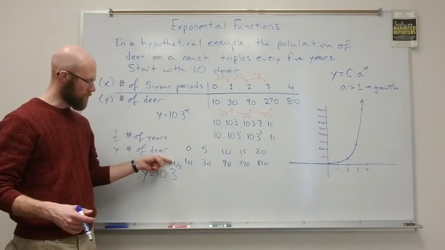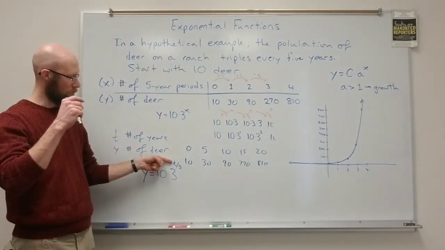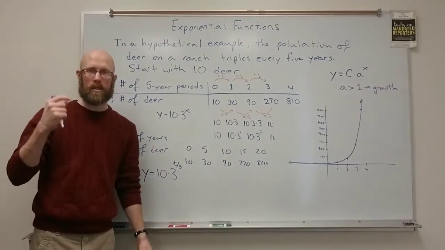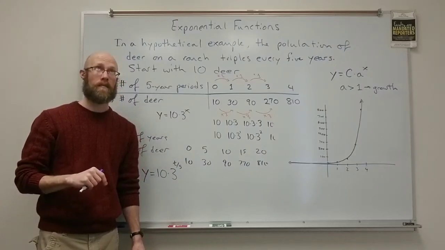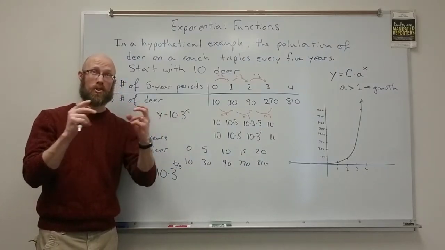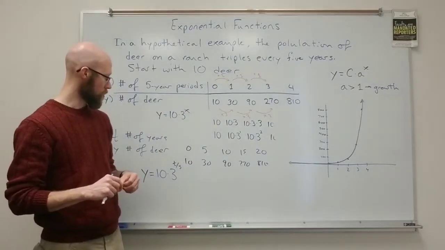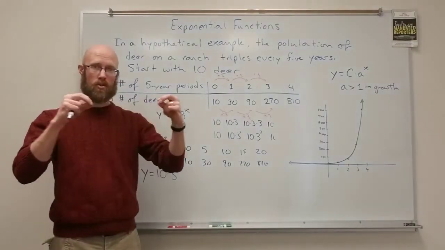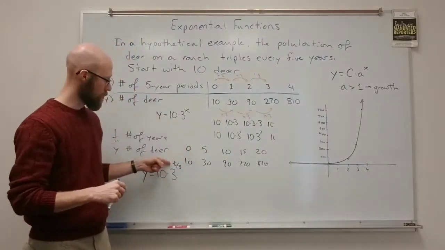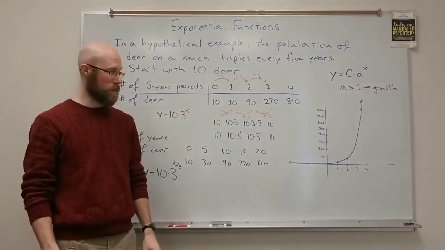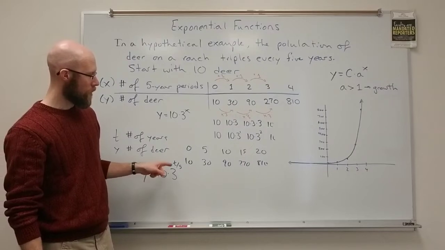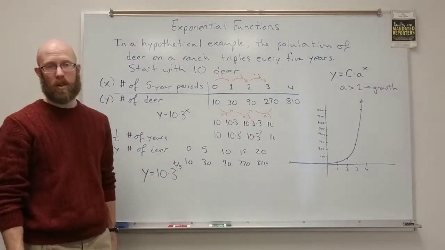If you change the variable from x to x over 5 or t over 5, that's going to be your horizontal stretch actually, right? Horizontal compression is greater than 1, horizontal stretch is less than 1. So if you're multiplying by 1/5, you stretch it out horizontally. So anyway, that's a transformation of the graph.